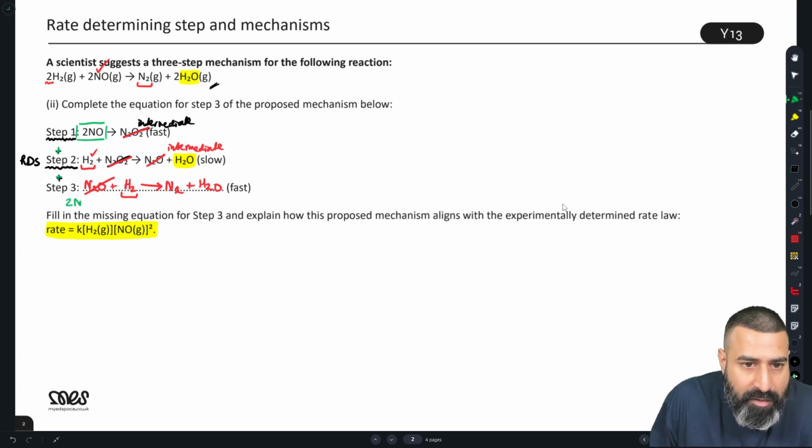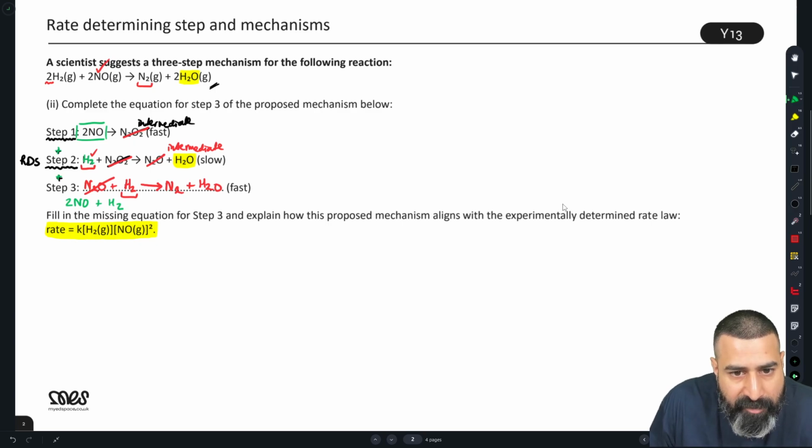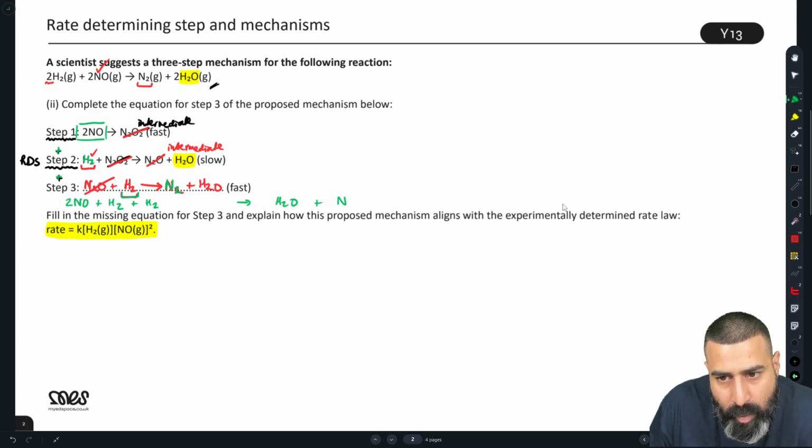So I get 2 lots of NO plus 1 lot of H2, and I'm forming 1 lot of H2O there. And in step 3, I've got another H2 molecule, and I'm also forming N2 and another molecule of H2O.